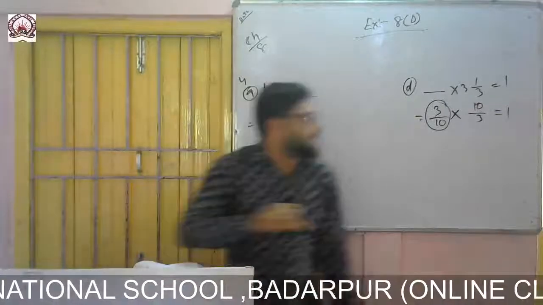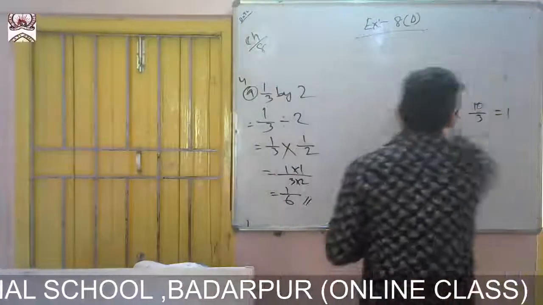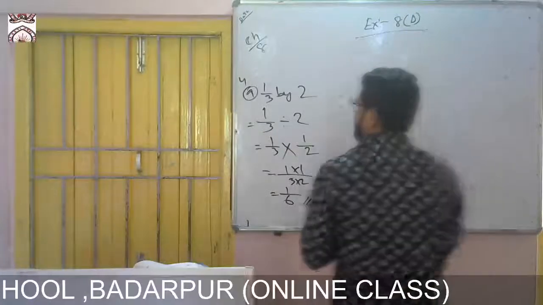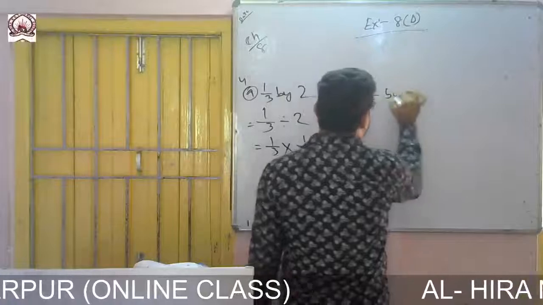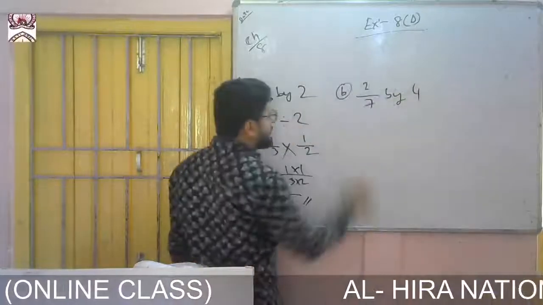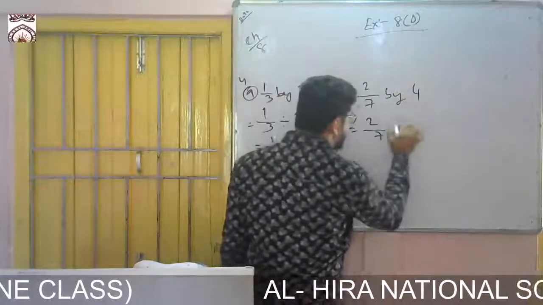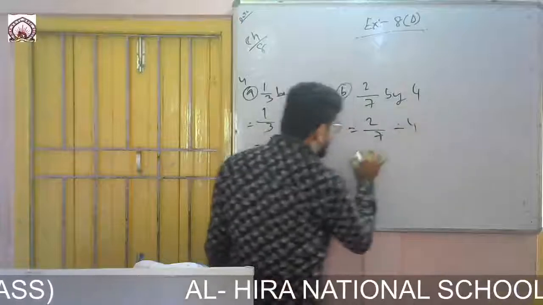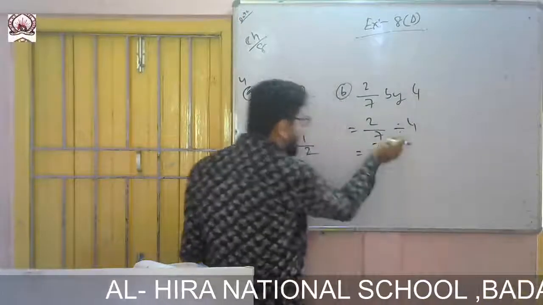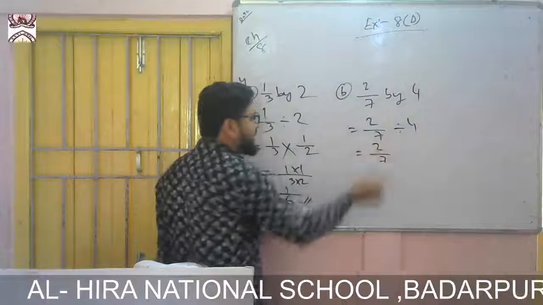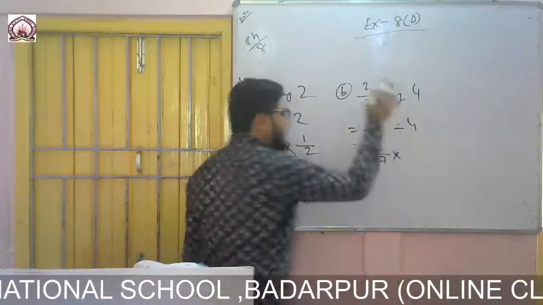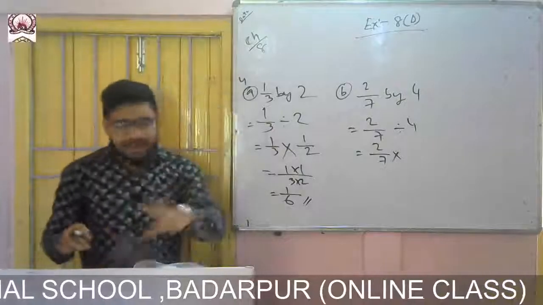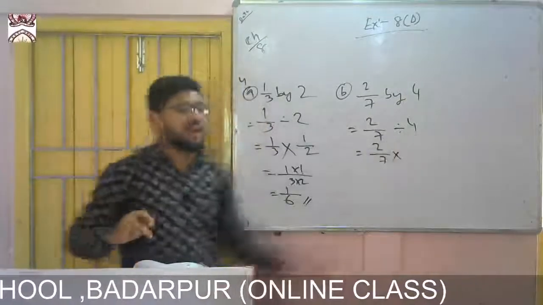Now come to question number B, 2 by 7 by 4. Here "by" means division and 4. So we replace this division symbol by multiplication and take the reciprocal of this number, that is 4.